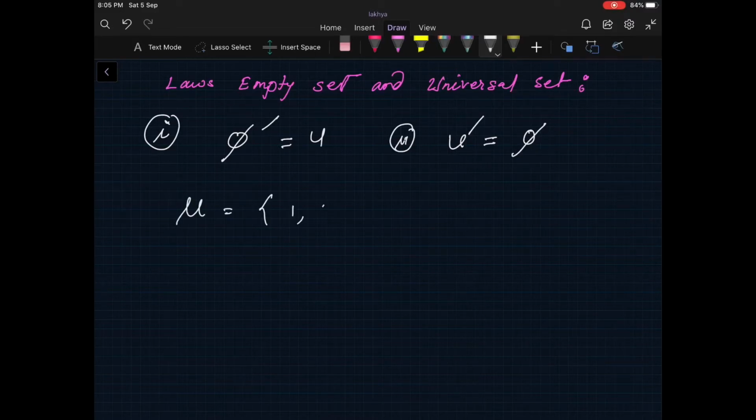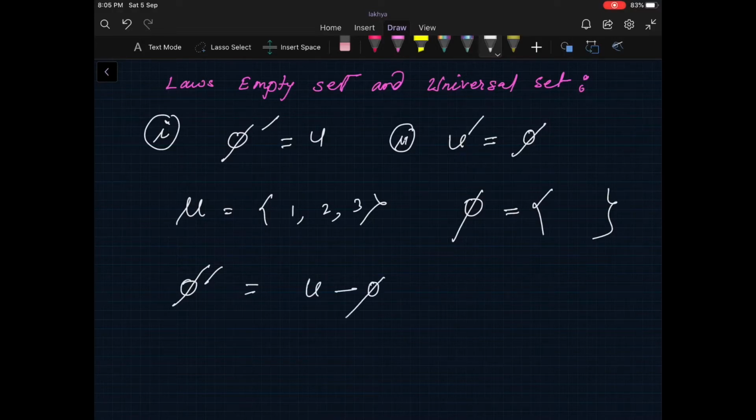For example, suppose we have a universal set containing elements 1, 2 and 3. Okay, and null set contains 0 elements. It doesn't contain any elements. So now complement of null set must give U minus empty set. As it is empty, U minus empty set must give U.